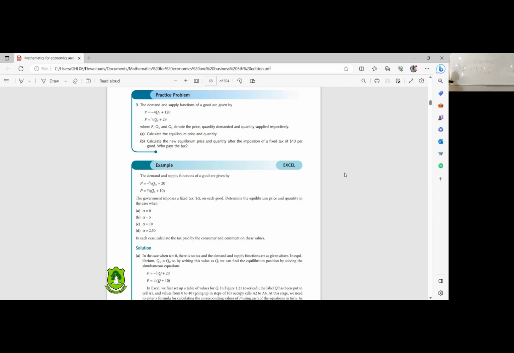And remember, the tax is imposed on that particular good, which means that the amount that you are going to sell the good for will be an embodiment of the tax. Once you collect that money, you remit the tax to the government.